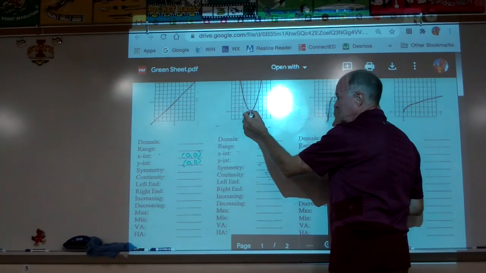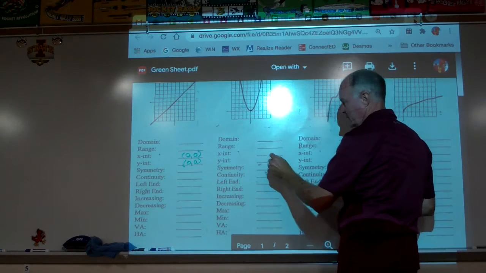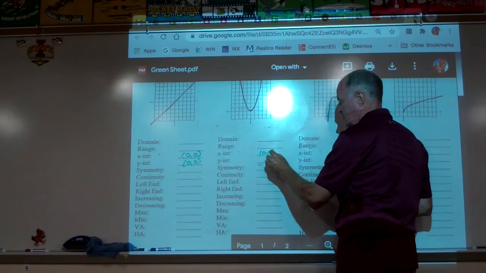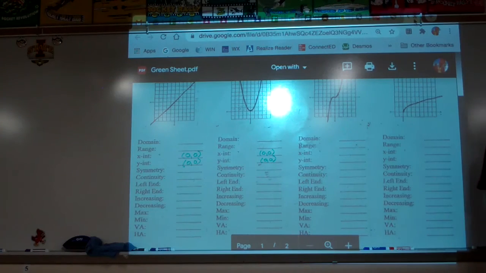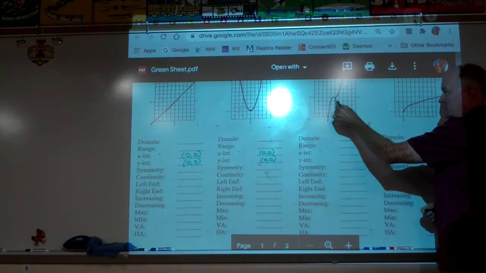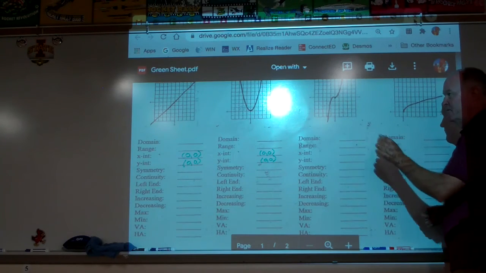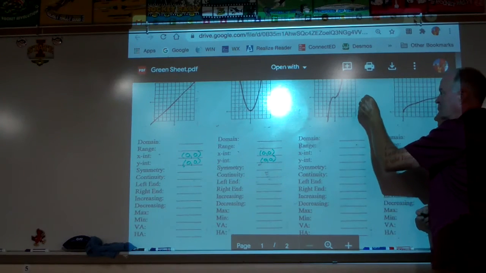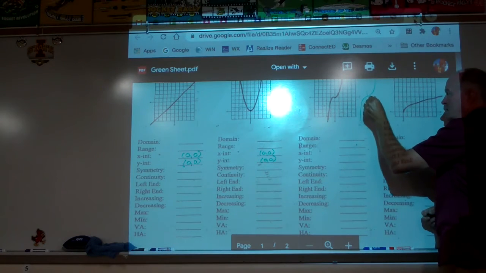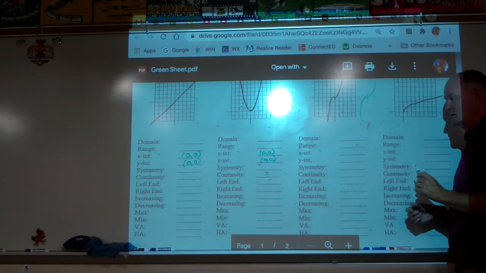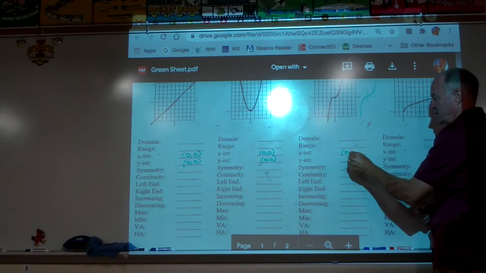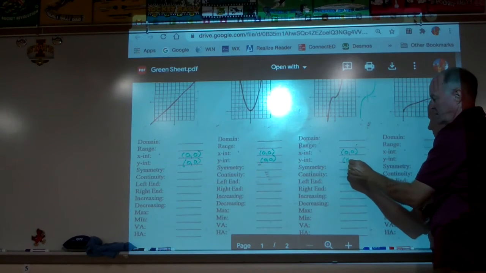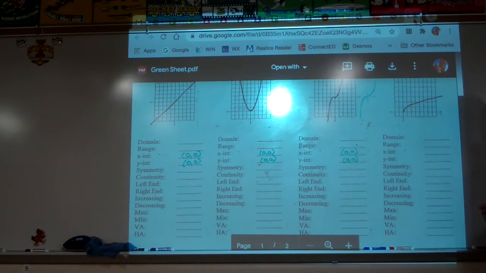Also starts right there. 0, 0, 0, 0. Boom. These are easy. X cubed. If you zoom in on this, it really just looks like that. There aren't any humps in it, so it's just going to cross at the origin. Just going to cross at the origin.